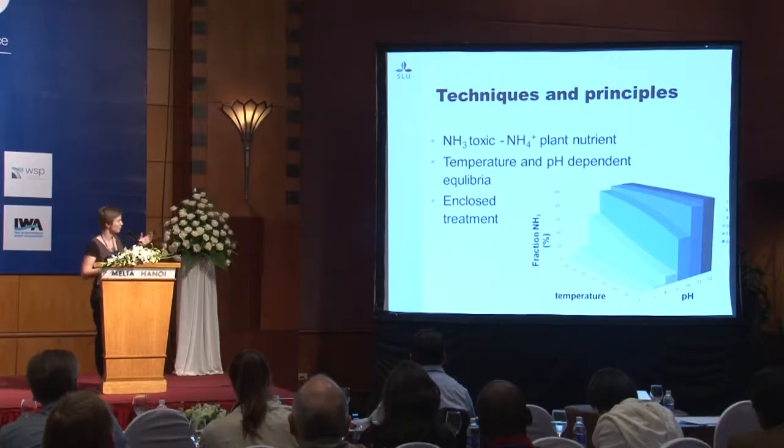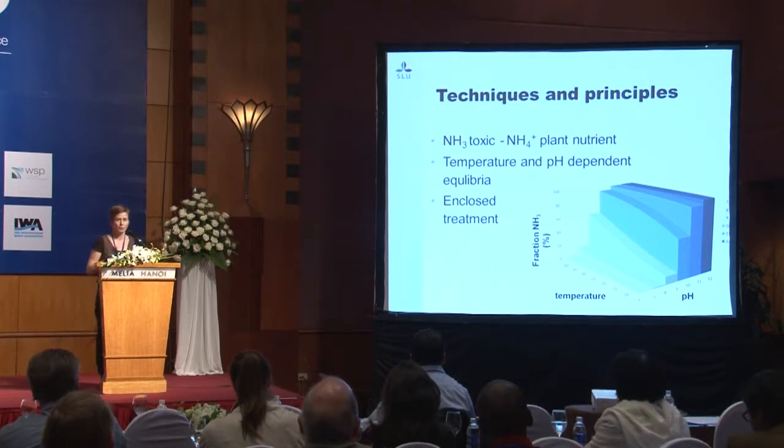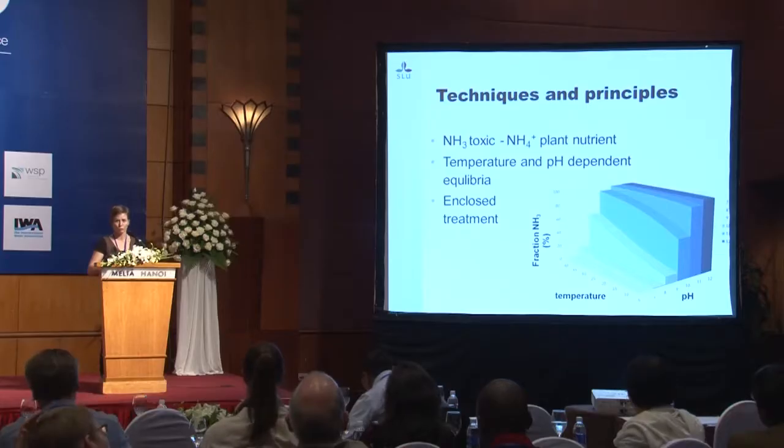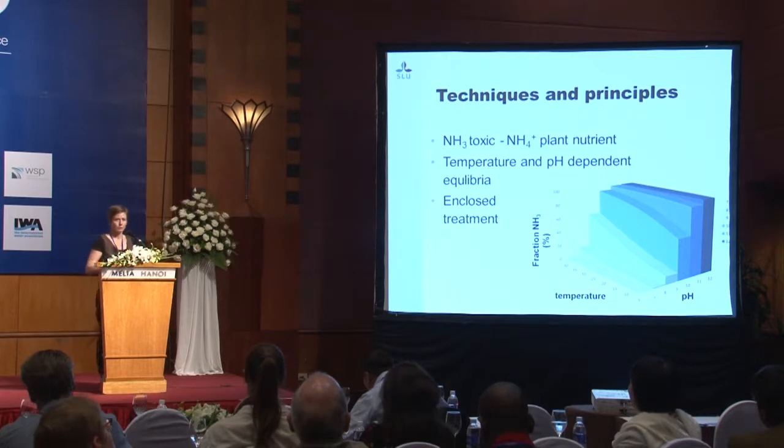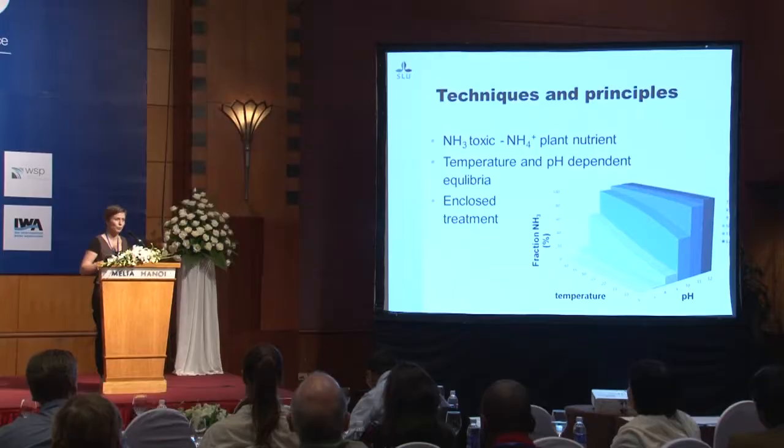That is, in a way, a simplification, but the higher the pH and the higher the temperature, the more ammonia is in the toxic form that actually inactivates the pathogens. But since that ammonia is also volatile, you have to keep the treatment closed to not lose the ammonia. If you lose ammonia, the nitrogen content of your fertilizer product decreases.